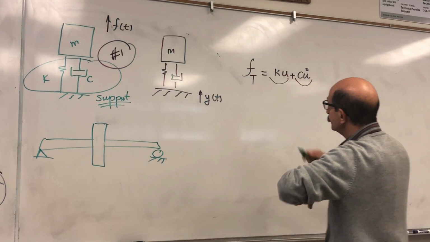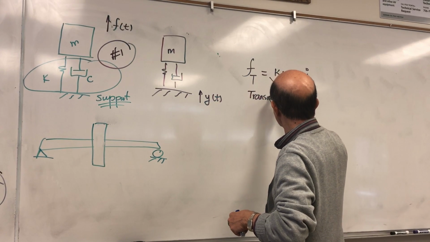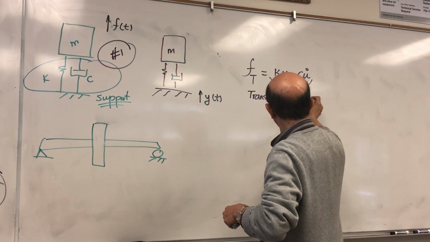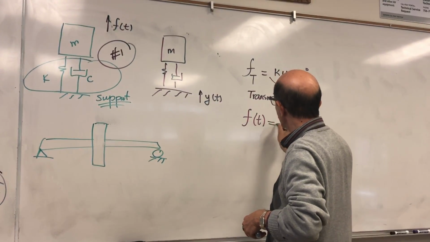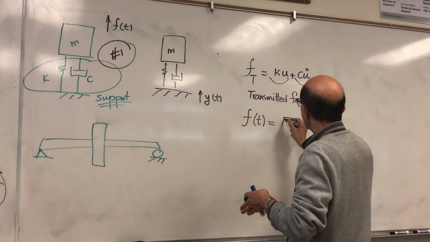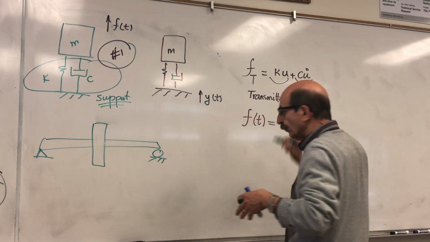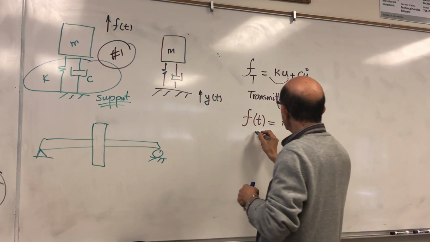We call this transmitted force. The force that acts on the system, for the time being, we have only looked at as being a harmonic force. Okay? This is the applied force.